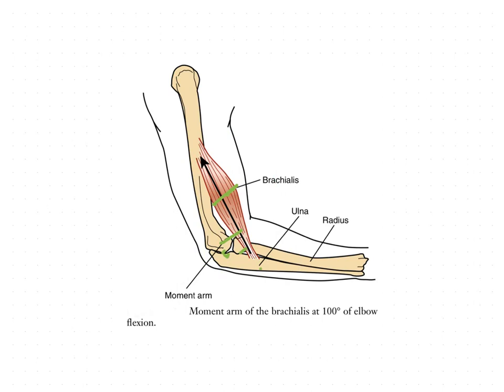If the translatory component is increased, there is compression over the joint or distraction of the joint, whereas if the rotatory component is increased, the rotatory movement of the elbow joint is increased.